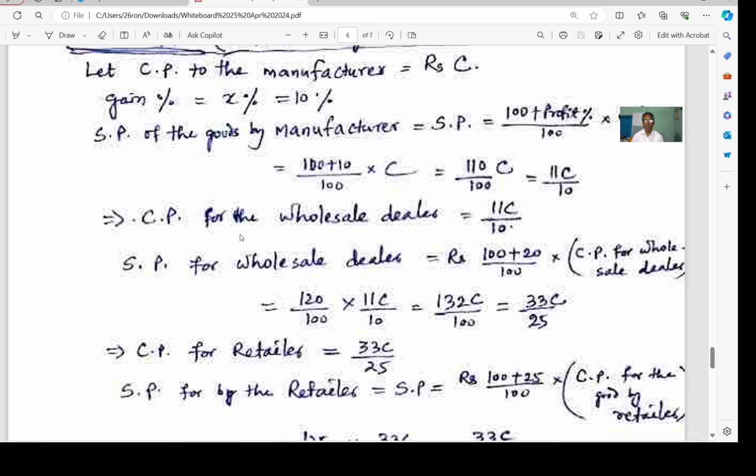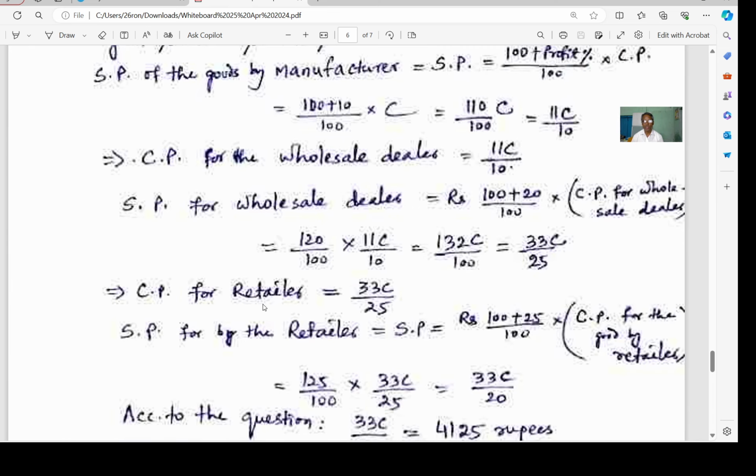Now cost price for the wholesale dealer is equal to 11C/10. Sale price for wholesale dealer is equal to (100 plus 20)/100 multiplied by 11C/10, equal to 120/100 multiplied by 11C/10. This is equal to 33C/25.